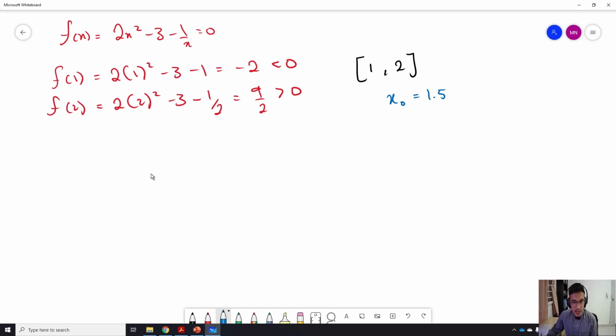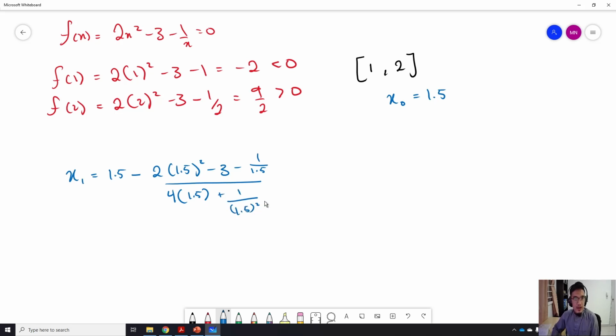So then we proceed to x1. So x1 is equal to 1.5 minus (2 × 1.5² − 3 × 1.5 − 1) over (4 × 1.5 + 1 over 1.5²).